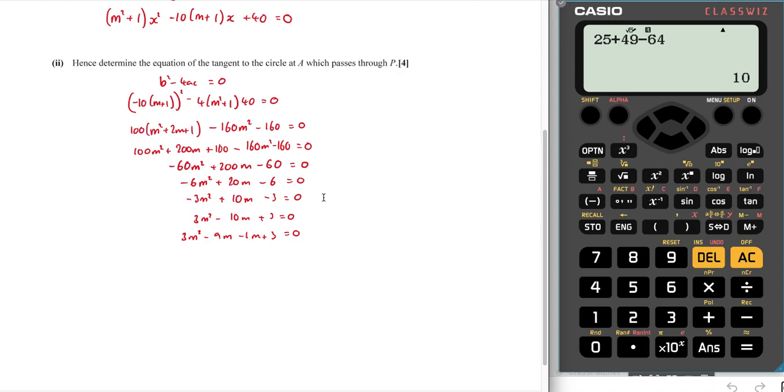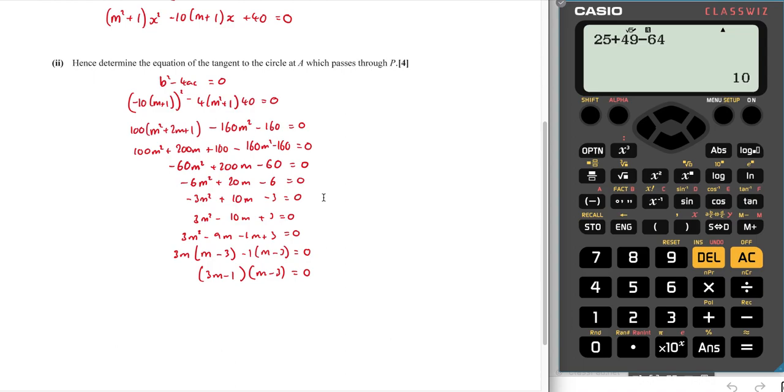Factorise out the first two, so that is 3m(m minus 3). I can take a factor of minus 1. So I get then that (3m minus 1)(m minus 3) is 0.